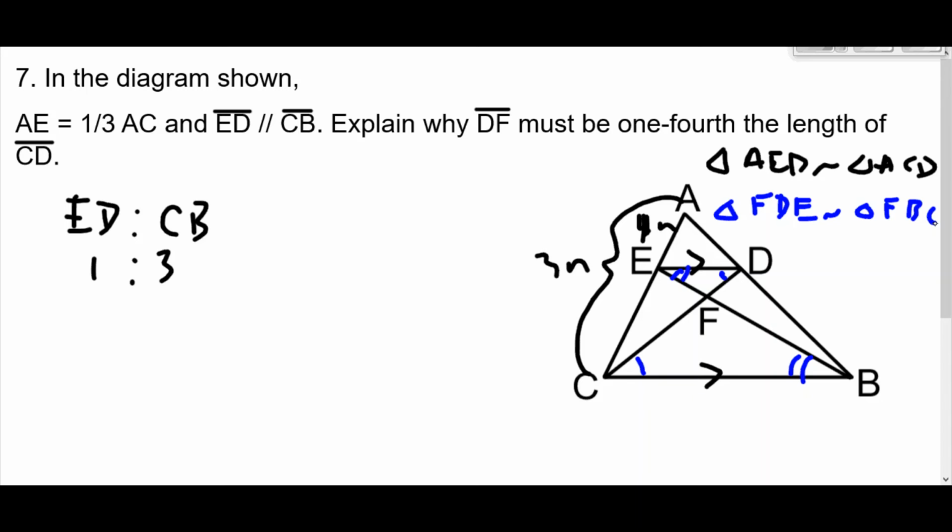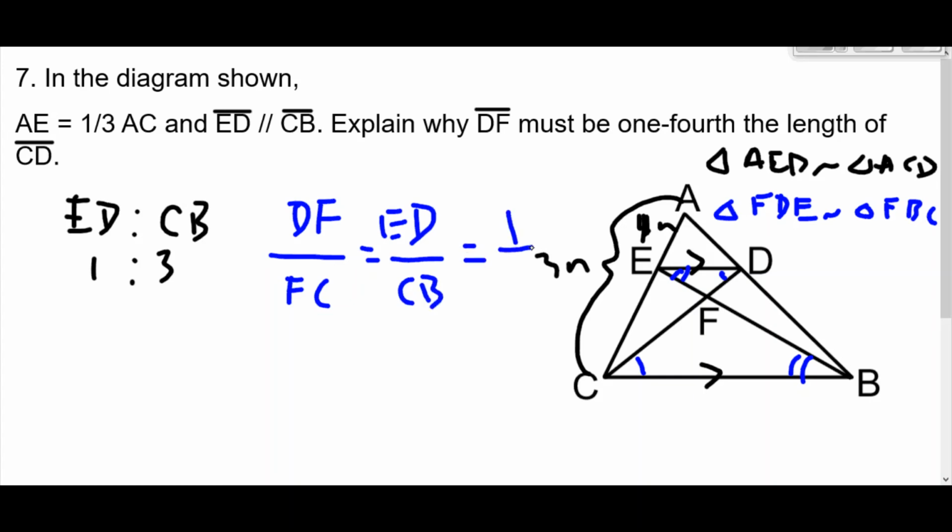So we know here that DF to FC is equal to DE or ED to CB, which in this case is a ratio of 1 to 3.